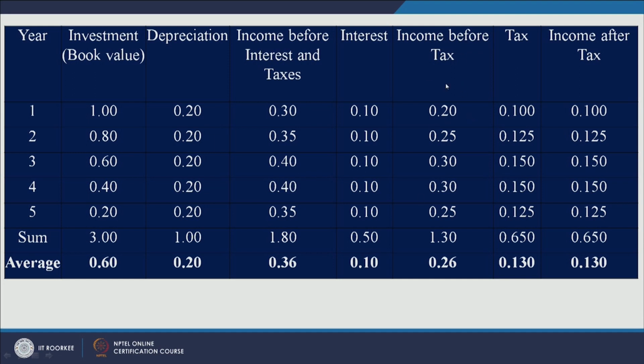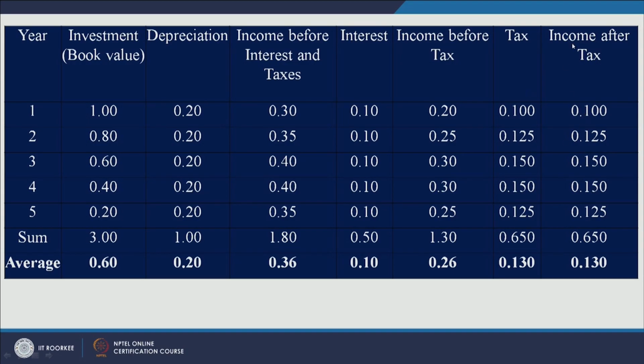Income before tax, how would you calculate this? This column minus this column is income before tax. What is tax? Tax is 0.10 in first year, 0.125 in fifth year, and this is the sum of all these taxes.